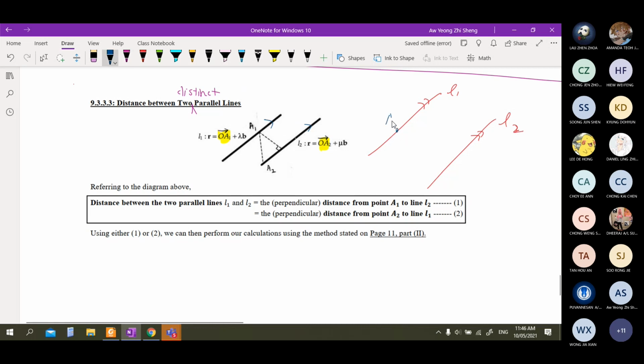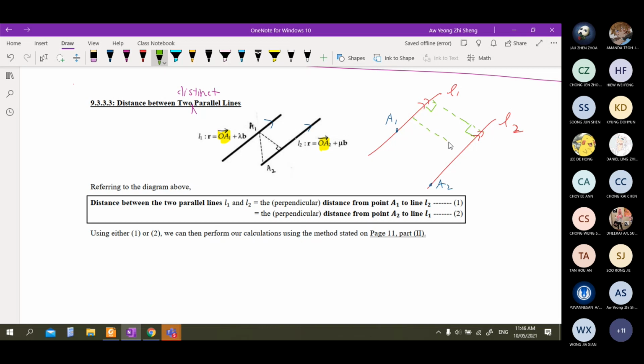And here's my point A1, here's my point A2. Now, the distance between the parallel lines is the distance measured when I draw a line that is perpendicular to both L1 and L2. So the green colored distance here will be the distance between the two parallel lines.